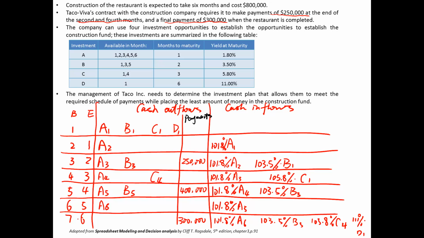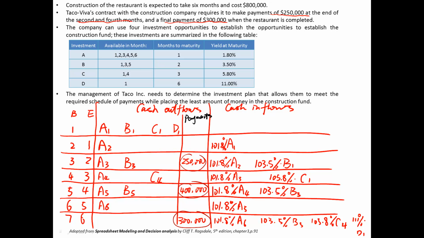This summarizes all the cash flows. Okay, and what the company is trying to do is make these 3 payments with investments, by investing some money in those different investment options.